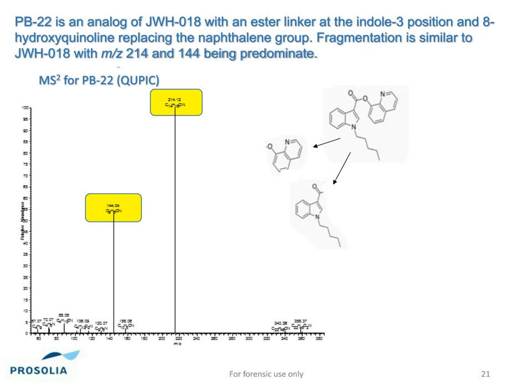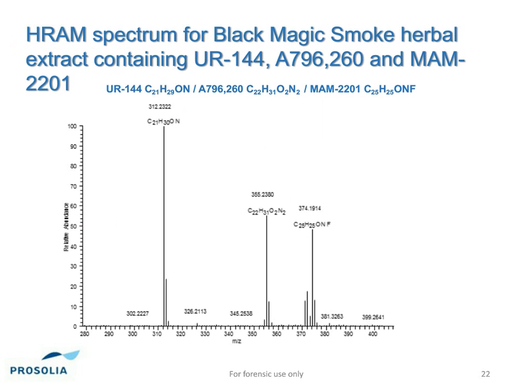The ester linkage is slightly different in the indole position, but it also fragments as expected, and we see the 214 and 144 as being the two predominant peaks in MS2 for this particular cannabinoid.